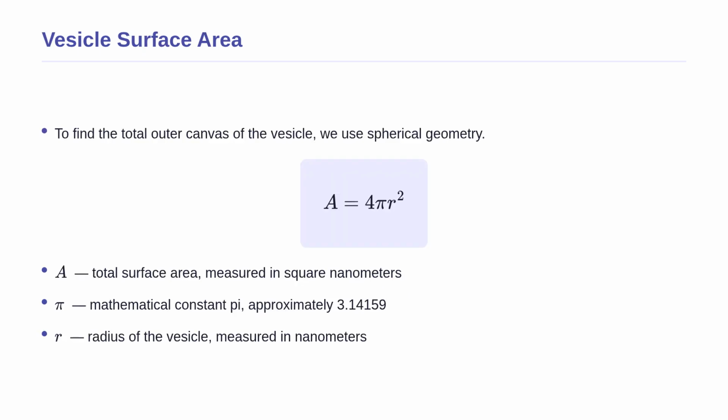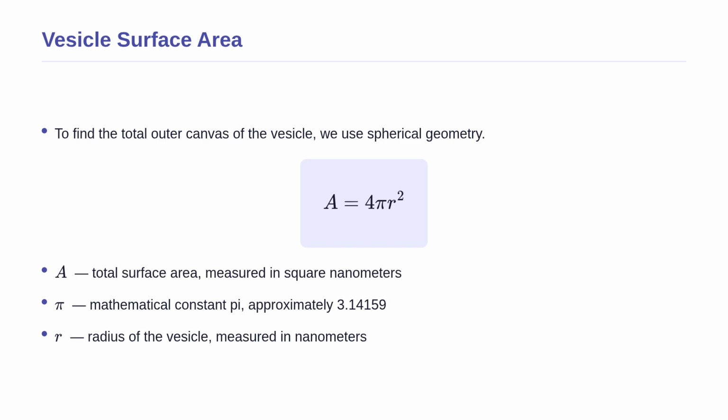To calculate those energetic costs, we first need to know the size of the vesicle. This formula, A equals 4 pi r squared, comes directly from standard spherical geometry and represents the total surface area of the vesicle. In this equation, A is the total surface area, typically measured in square nanometers.